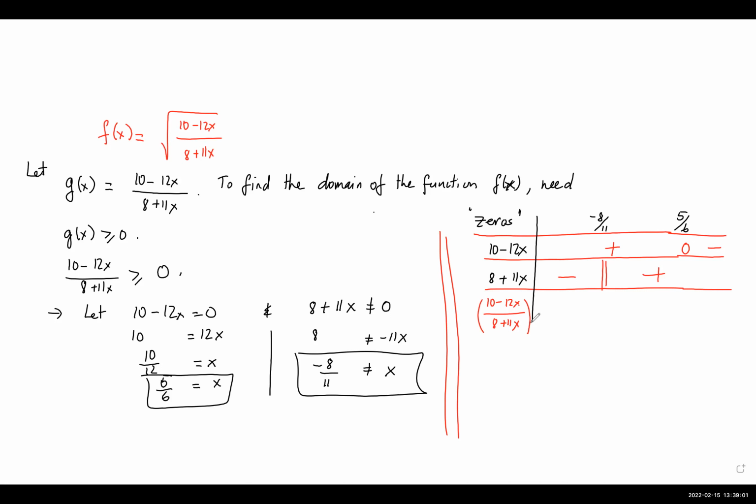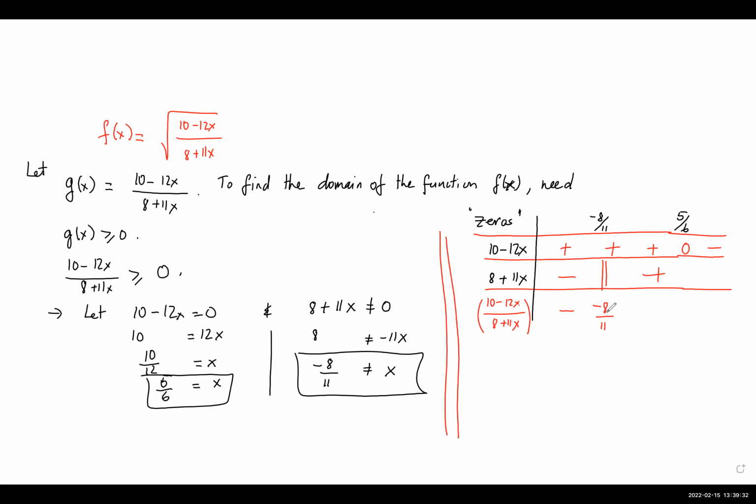So we look at the top and we multiply with the bottom. Negative times positive gives us negative. And negative 8 over 11 tells us we cannot be 0, so we want to exclude this number.